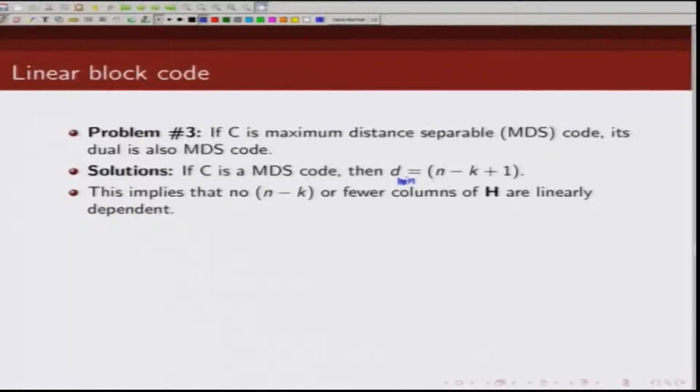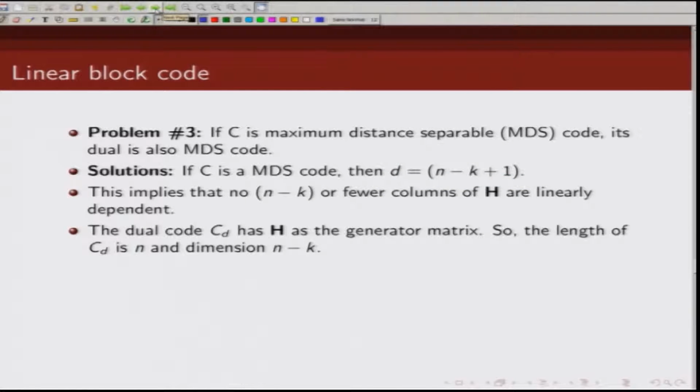Now, if the minimum distance of the code is n minus k plus 1, it means no n minus k or fewer columns of this parity check matrix will add up to 0. So, that is what we are saying: no n minus k or fewer columns of this parity check matrix are linearly dependent, because the minimum distance of this code is n minus k plus 1.